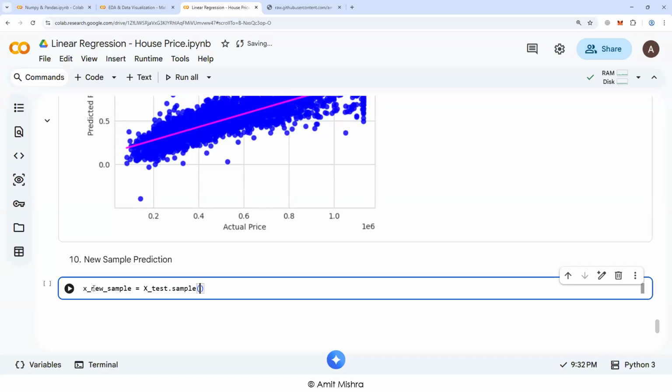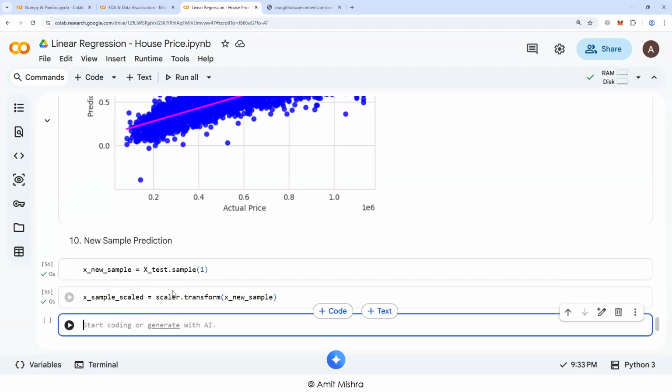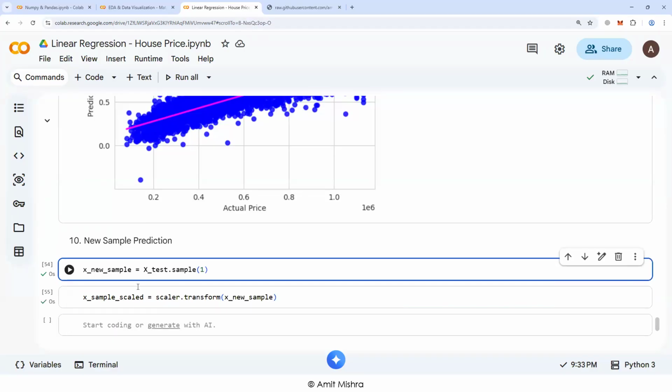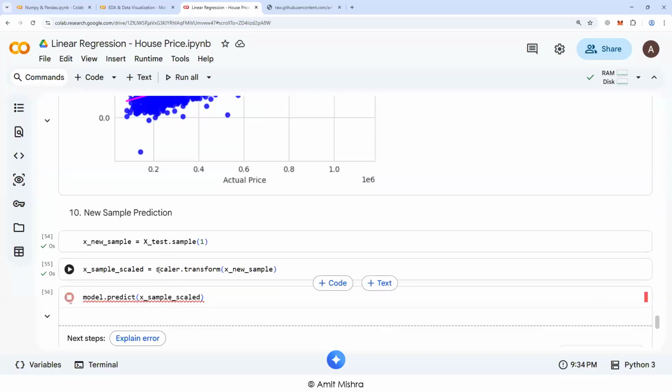X test sample data. We have taken a sample data and let's scale it. So we are transforming it. We need to transform your original sample data, remember. And let's make a prediction with model dot predict x sample scaled.